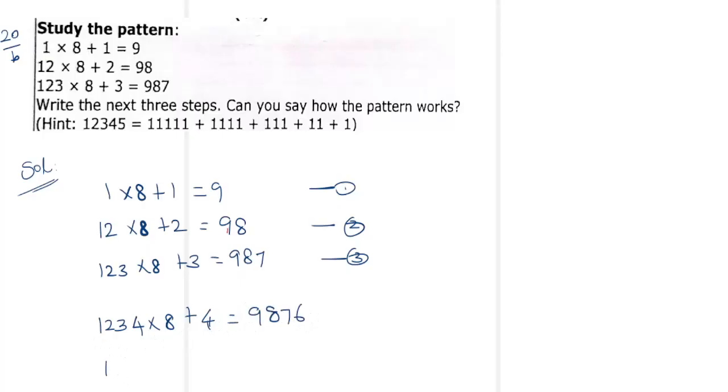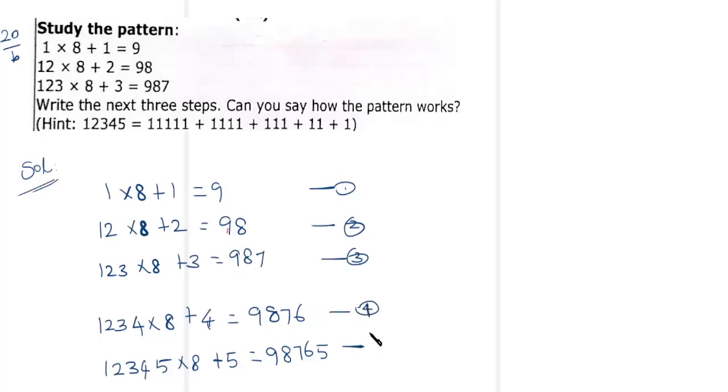Next, 1 2 3 4 5 into 8 plus 5 equals 9 8 7 6 5. That's all, so this is the fourth line.